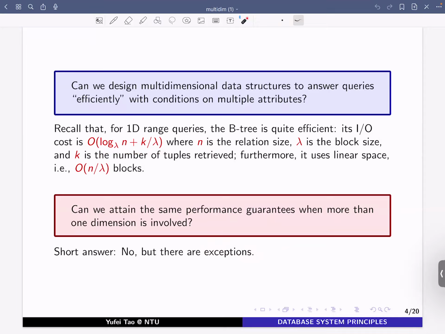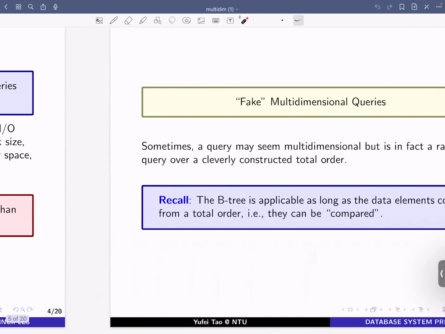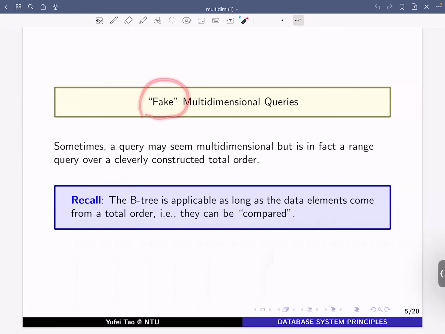There are certain situations, basically some corner situations, but these situations are not completely irrelevant and useless in practice. In certain situations, it is possible to use just a B tree to handle multidimensional queries and still achieve linear space and this wonderful query bound. But I emphasize, these are exceptional cases, and this is what we're going to talk about next as fake multidimensional queries.